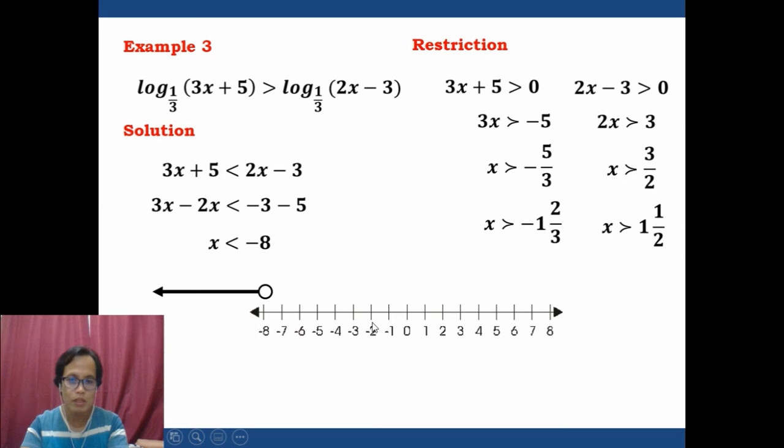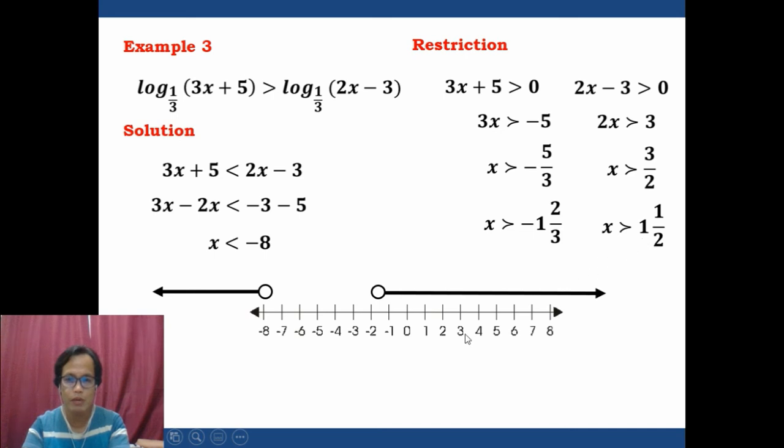It is not equal to negative 2, but approximately near negative 2. Still, this is greater than, so we use a hollow dot. Then, since greater than, our line goes to positive infinity. So the two lines go in opposite directions. Now let's proceed to the next inequality: x is greater than 1 and 1/2.